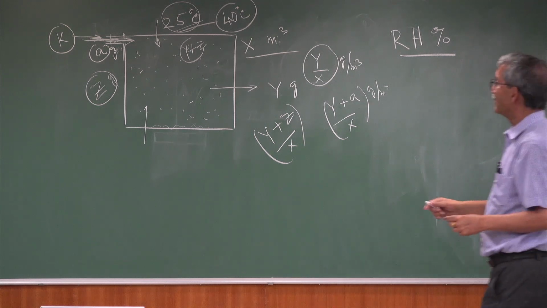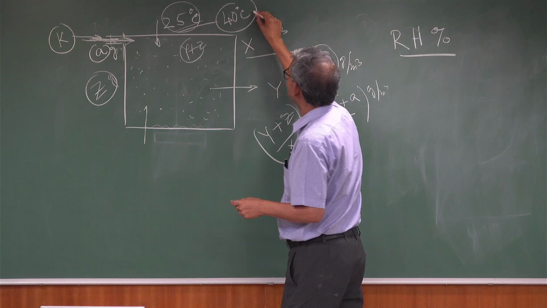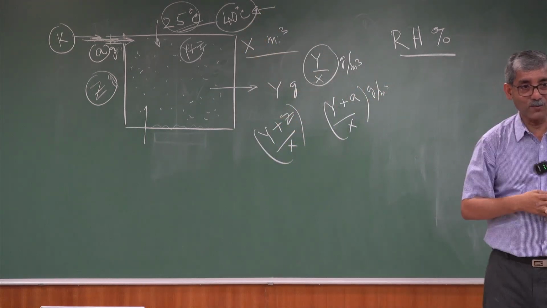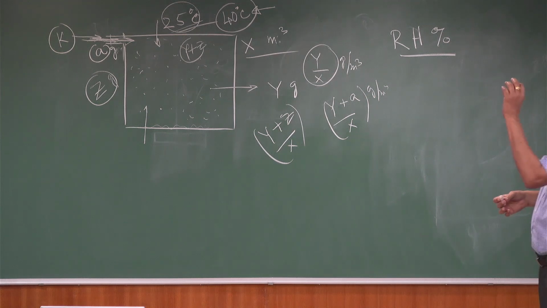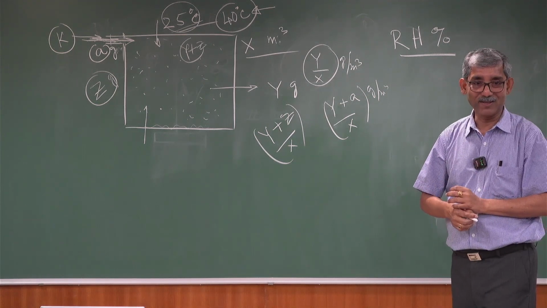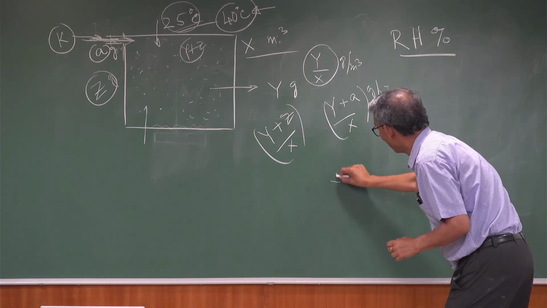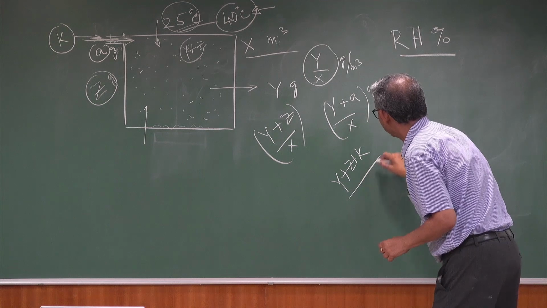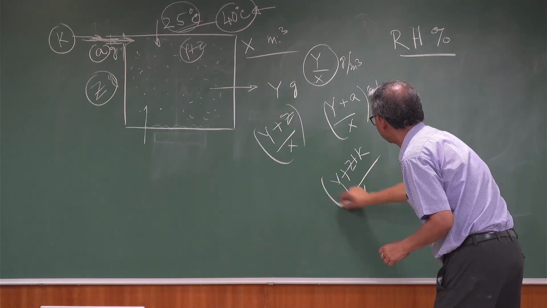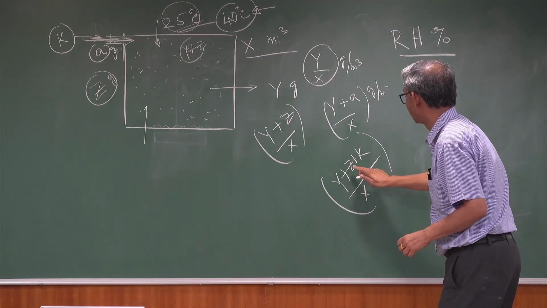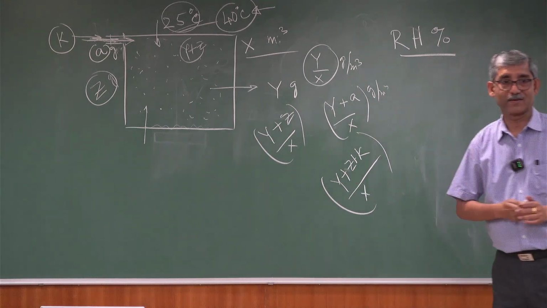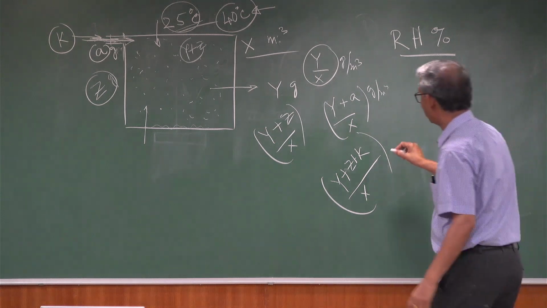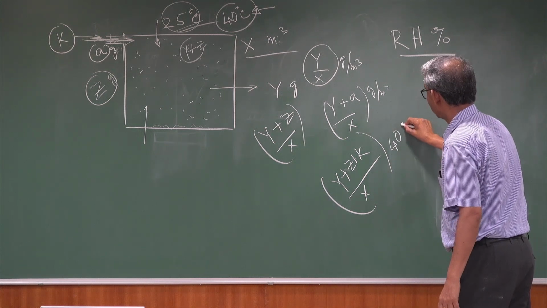So saturated humidity at 40 degrees Celsius will be Y plus Z plus K by X. That is at 40 degrees Celsius.